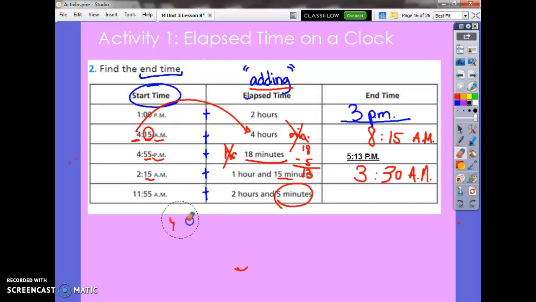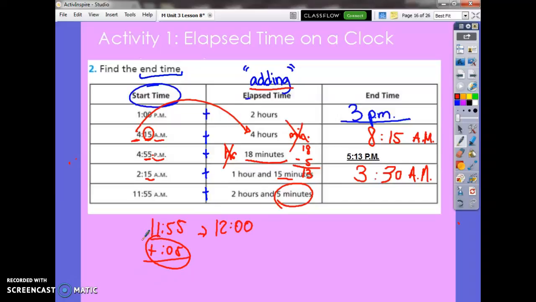Right? So 11:55 plus that 5 minutes is going to get me to 12 p.m. Okay? I added the 5 minutes.